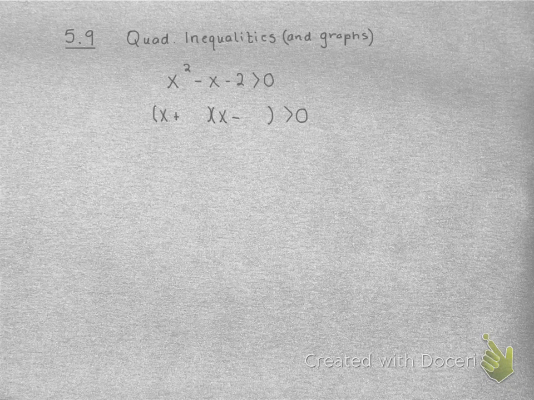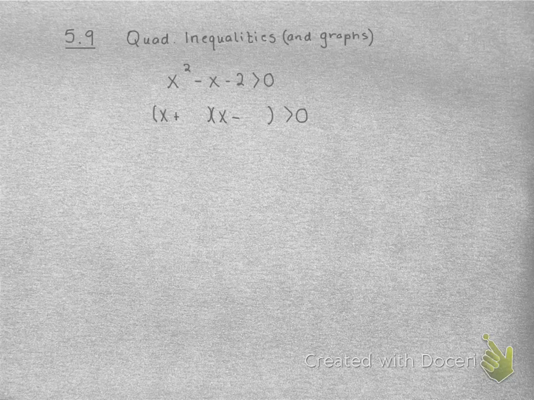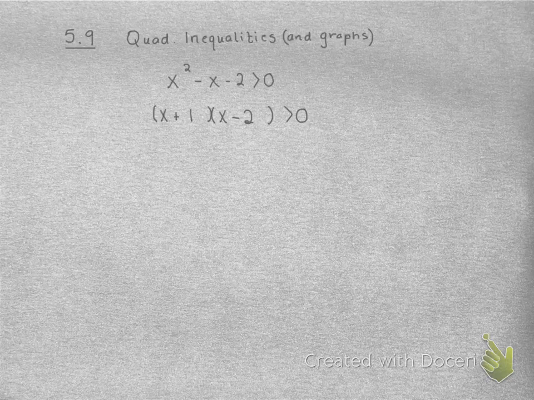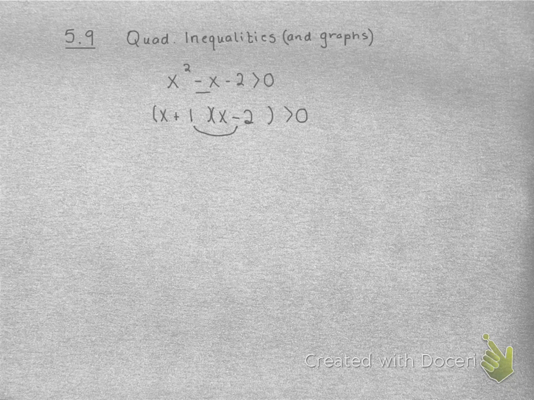Well, there's only two factors of 2, 1 and 2. So in order for the 1 to be negative right here, we have to have a -2 and a +1. So 1 times -2 is -2, and 1 plus -2 gives us our -1, okay? So we've got our factors now.